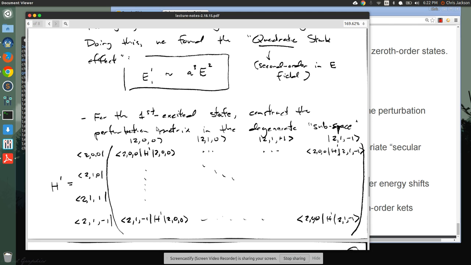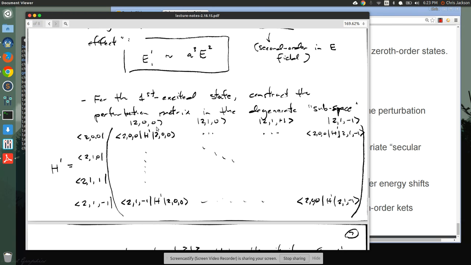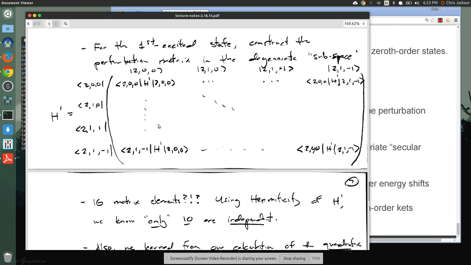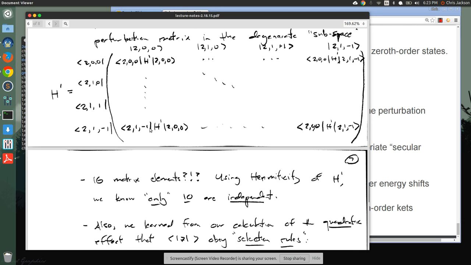But there are some things you can do before you go off crazy willy-nilly and start computing stuff. There are a couple of things that you can do to simplify your life. First you say, oh my God, I have to compute 16 of these matrix elements. But no, we know that's not the case because the Hamiltonian has to be Hermitian. And so that means that there are only, and I put only in quotes because it was funny to me, 10 independent.